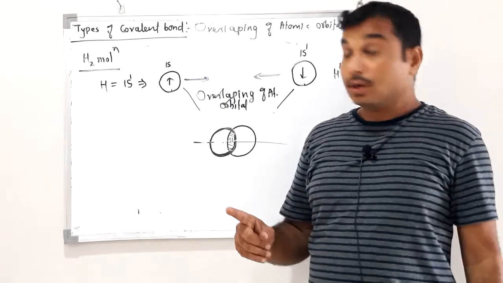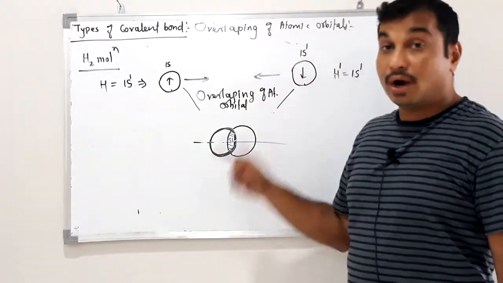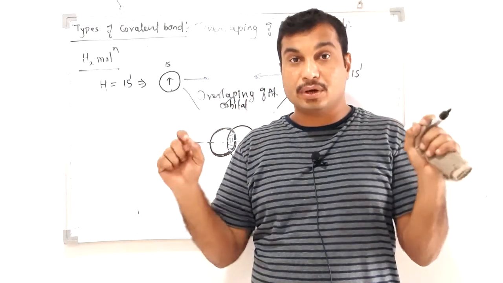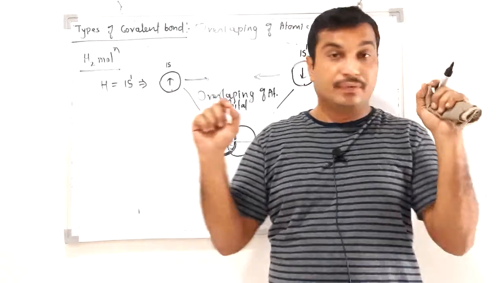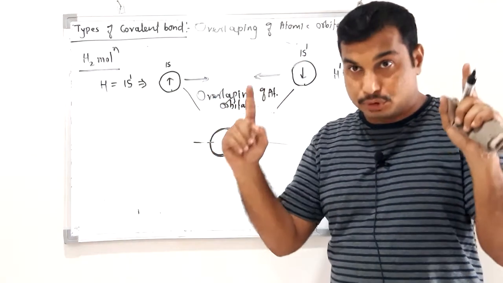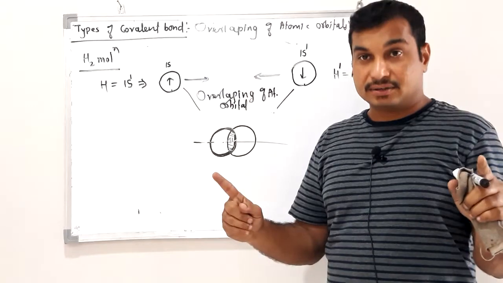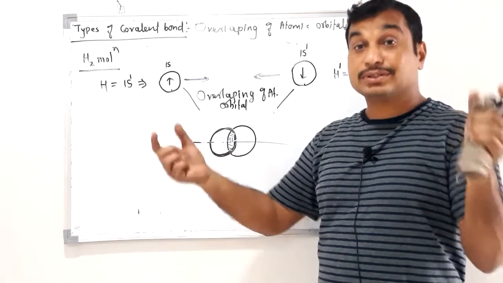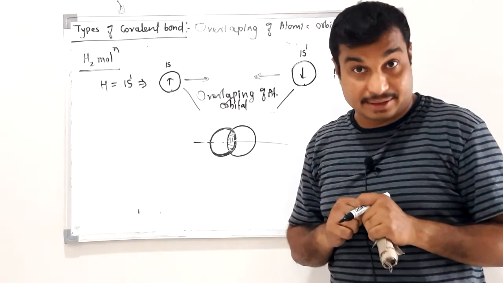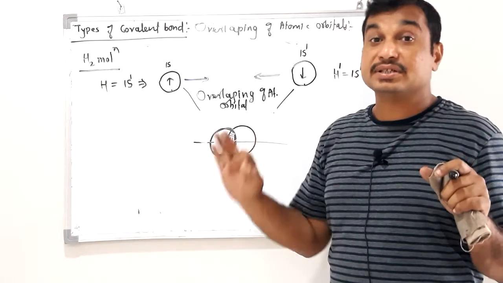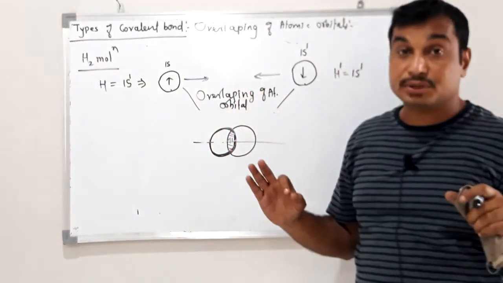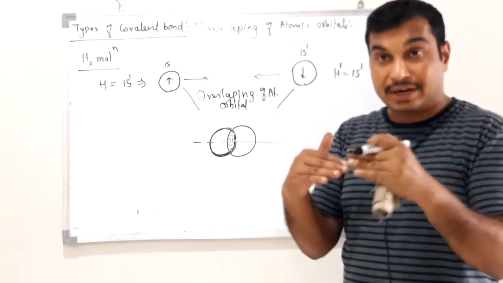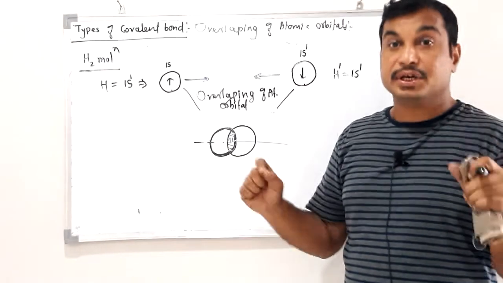So remember, for the formation of a covalent bond, the atomic orbitals must have singly filled electrons with opposite spin, and secondly these two orbitals must overlap one another. This is the basic requirement for the formation of any covalent bond. Overlapping of atomic orbitals is the basic requirement.